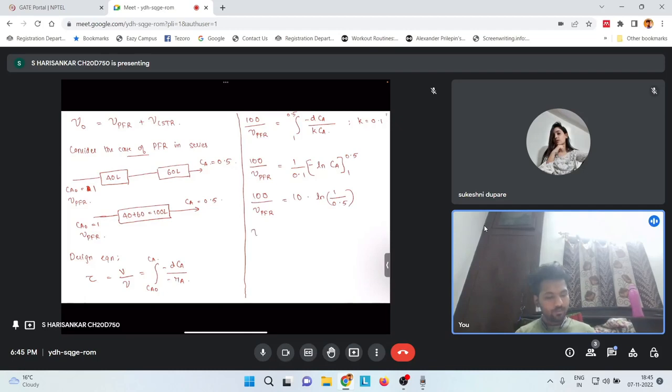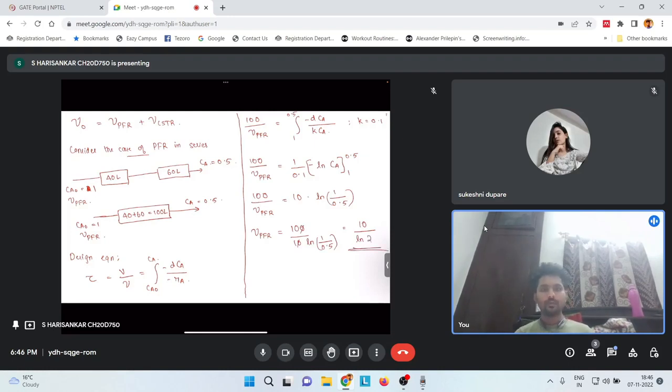So nu PFR will be 100 by 10 into ln 1 by 0.5. If we cancel this 10 and 100, it is 10 by ln 2.